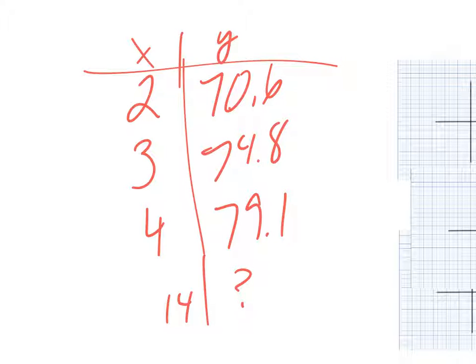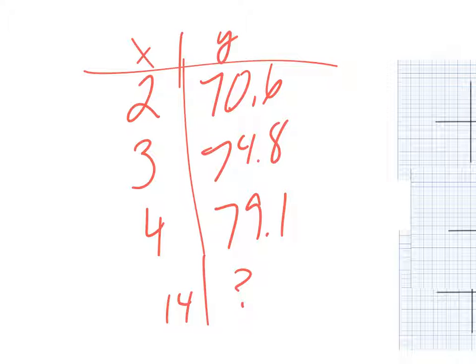It is a 70.6 and a 74.8 and a 79.1. Then you're going to do second calculate lin reg. You're going to have to enter L1 and L2 in their appropriate spots. If you have the old style calculators, you say L1 comma L2, comma's right above the 7 key.